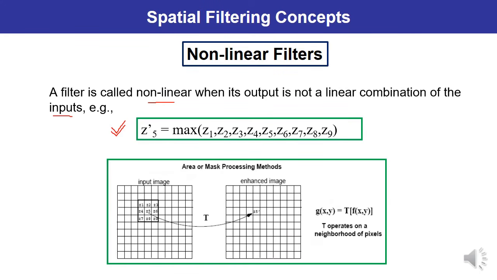You can see in this diagram, again the first matrix is for the input image and the second matrix is for the enhanced image. The center pixel Z5 is calculated by considering all the neighborhood pixels Z1 to Z9, and then Z5 is modified as Z5 dash by applying this particular operation. So this is the case of a non-linear filter.